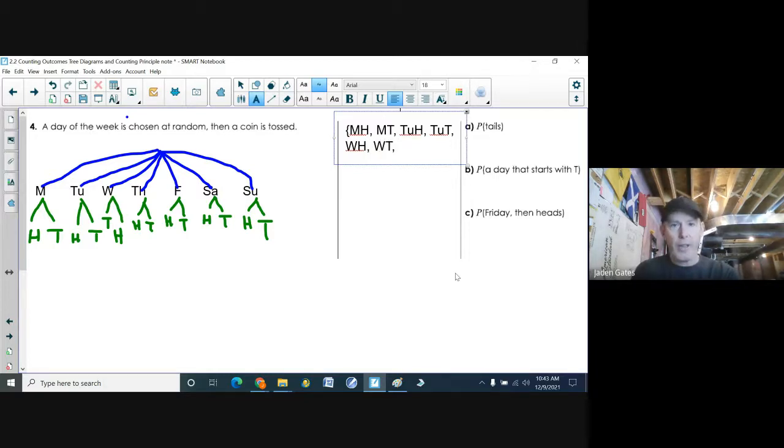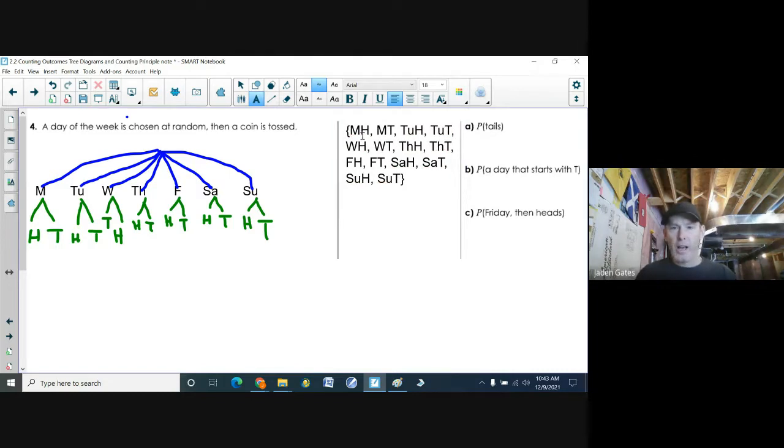Next one, Thursday, heads, Thursday, tails. Then, of course, most of our favorite day, Friday, then heads, and Friday, then tails. And then we've got our weekend, Saturday, then heads, Saturday, then tails. And lastly, the last branch, Sunday, then heads, and Sunday, then tails. And that is our sample space.